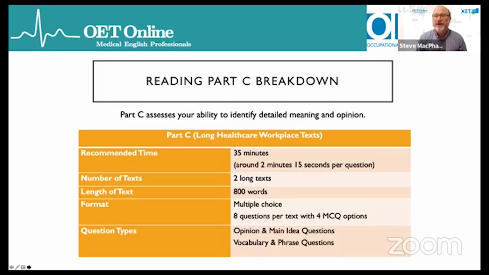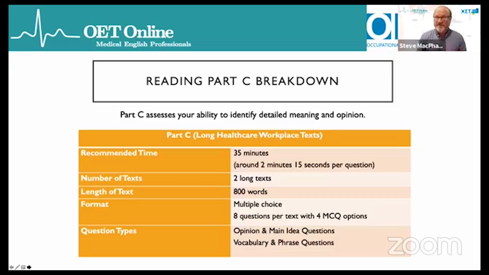So time management is also an important part of your strategies, and as you're practicing at home, you should be monitoring your time. It's okay if you take a little bit longer as you're building your skills. It's good to focus on accuracy, but as you develop and as your exam date gets closer, you should be trying to manage your time so that on exam day you will be able to complete the test within the time frame.